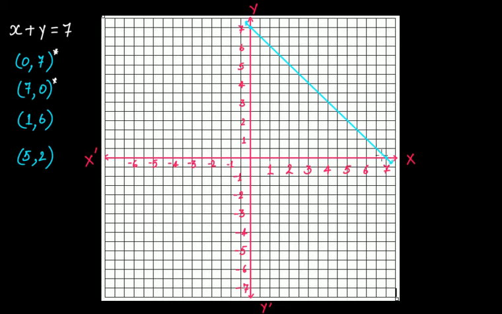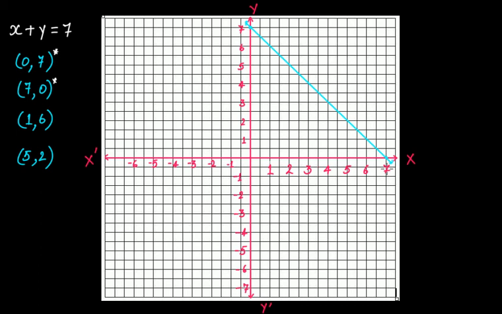Now, we know that in order to draw a line we need two points. If we have two points, then you can draw a straight line connecting them. So we have these two points, (7, 0) and (0, 7), and if you connect them, you have a straight line.